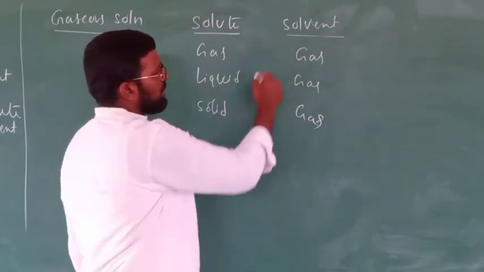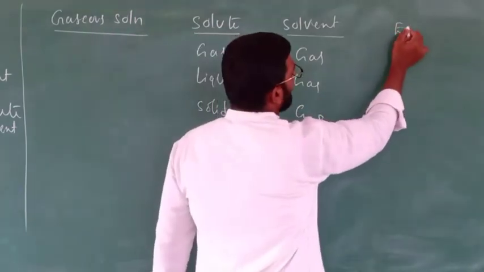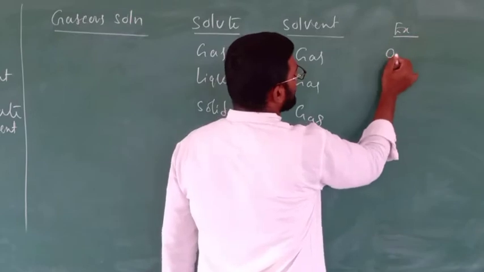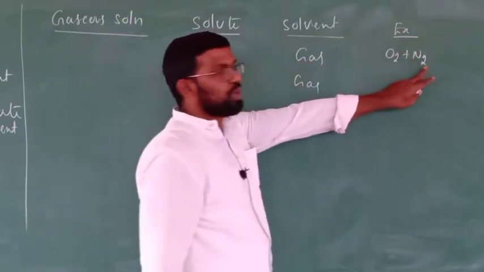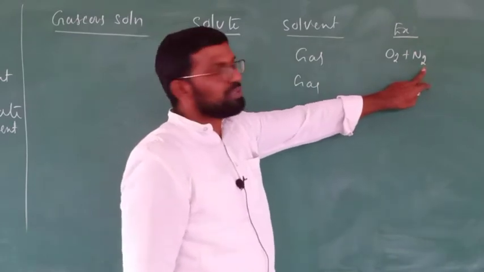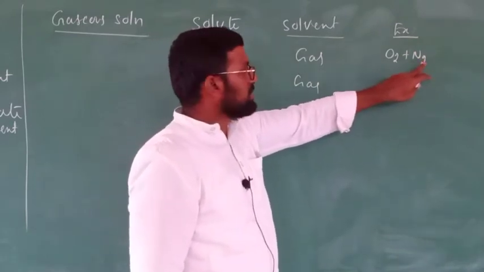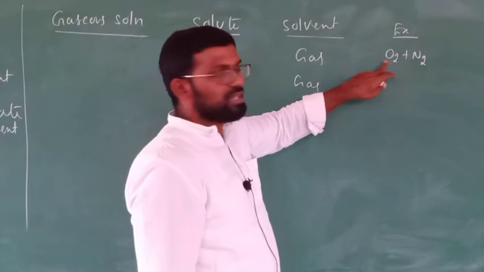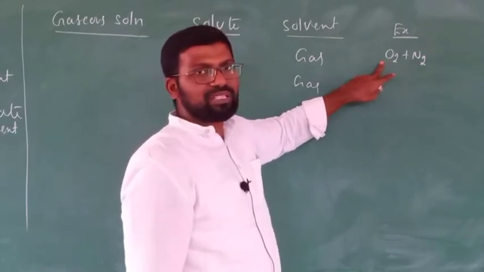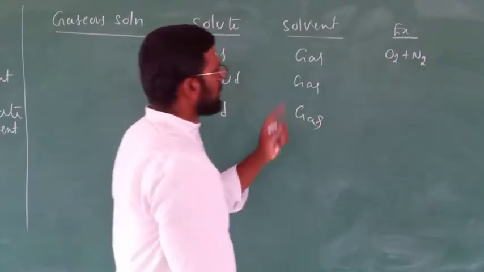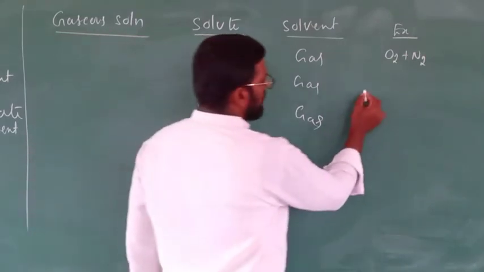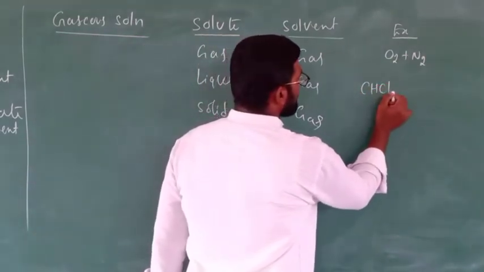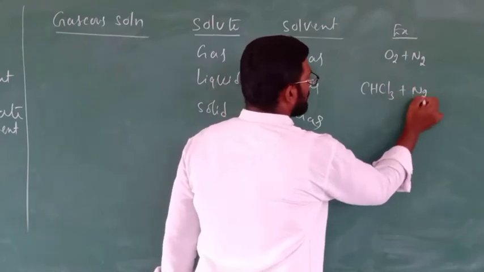Gas dissolved in gas. A very simple example is oxygen gas combined with nitrogen. Here nitrogen is in large quantity, so it is the solvent and it is in gaseous state. Oxygen is in small quantity, so it is the solute. Both are gases. Next, liquid in gas. For example, chloroform, CHCl3, in nitrogen gas.